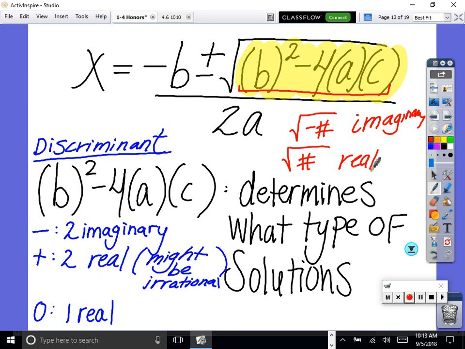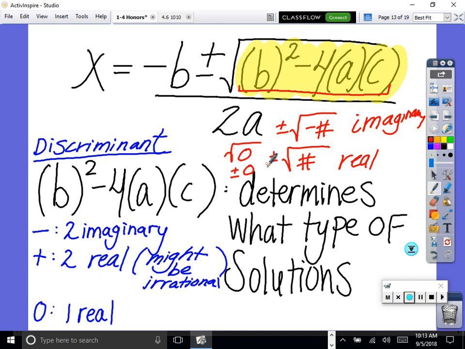And then what if we calculate that and we get the square root of 0? Well, isn't the square root of 0 plus and minus 0? Is adding 0 and subtracting 0 any different? No, so we have real solutions that are not imaginary, but there's only one of them. So this one would have 2 imaginary because of the plus or minus. This one would have 2 reals. And this one would just be 1 real. It's real, but there's only 1.